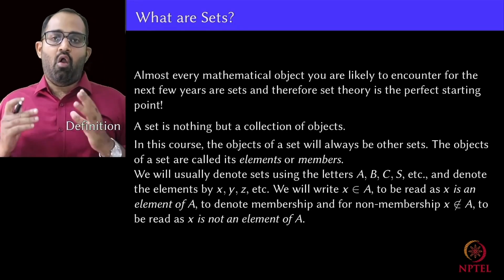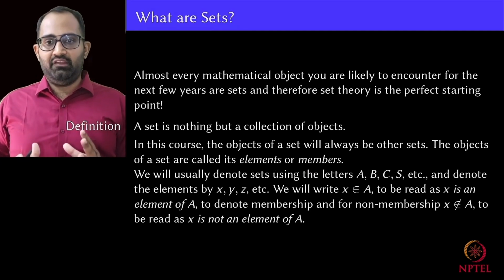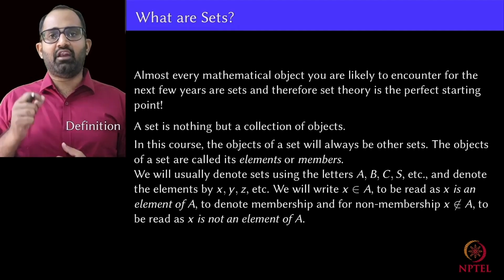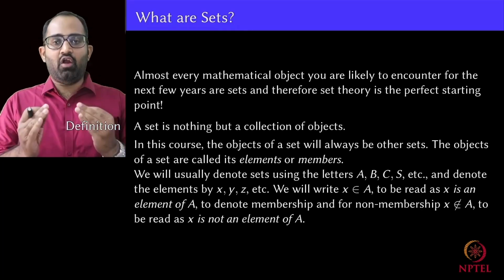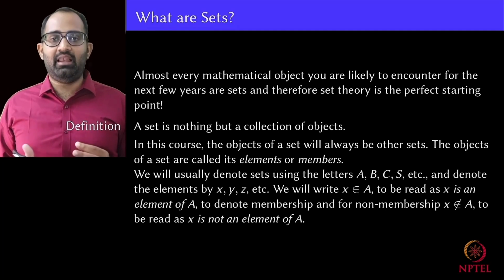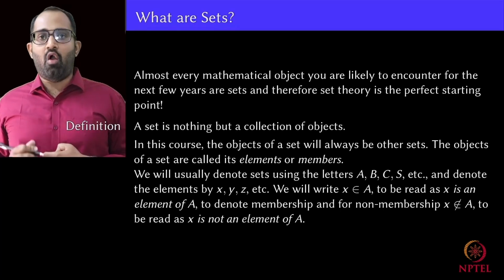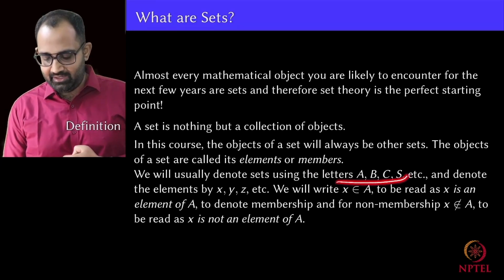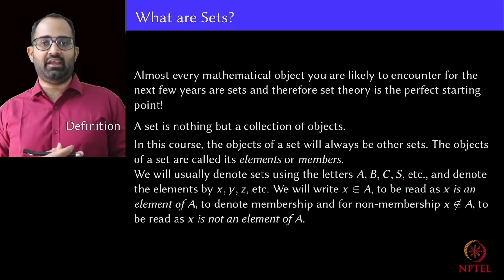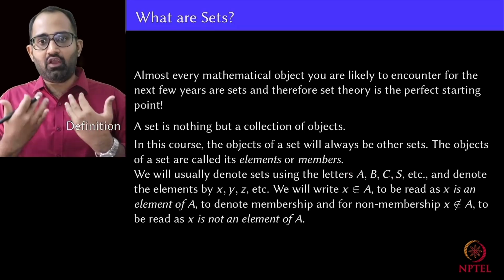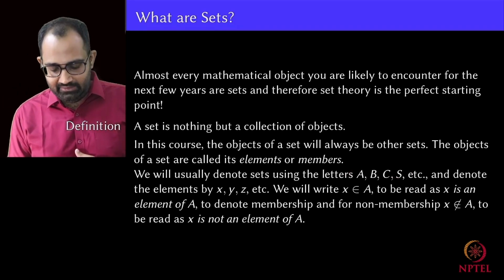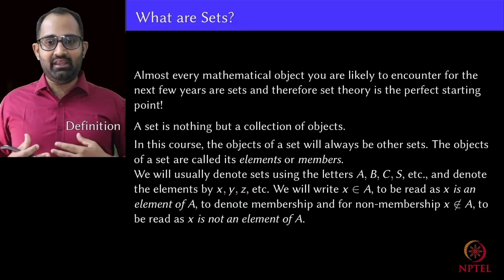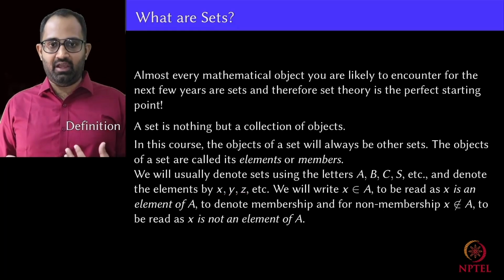Now, all the objects that we are going to consider, including the elements of sets themselves, are other sets. But for reasons of psychology and pedagogy, as well as efficiency, we will always denote the main sets we are considering by capital letters A, B, C, S, etc. and denote the constituent elements by little letters x, y, z, etc. Note, this is not really a definition or a concept that I want you to understand.